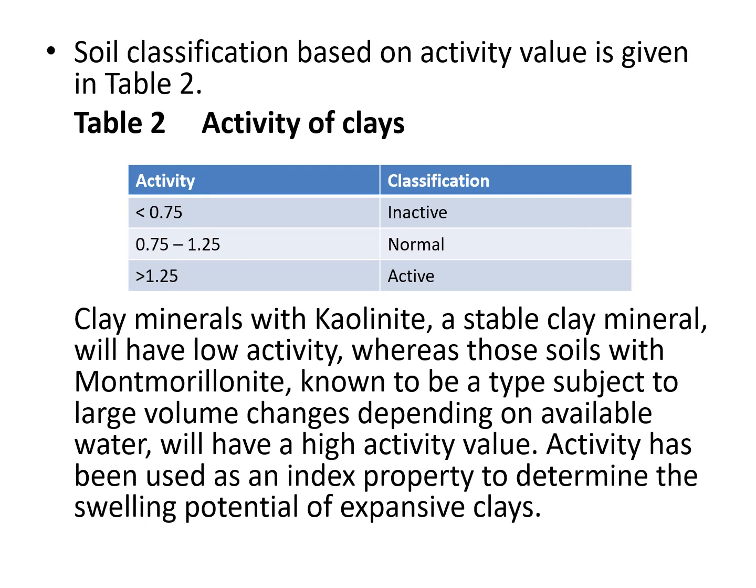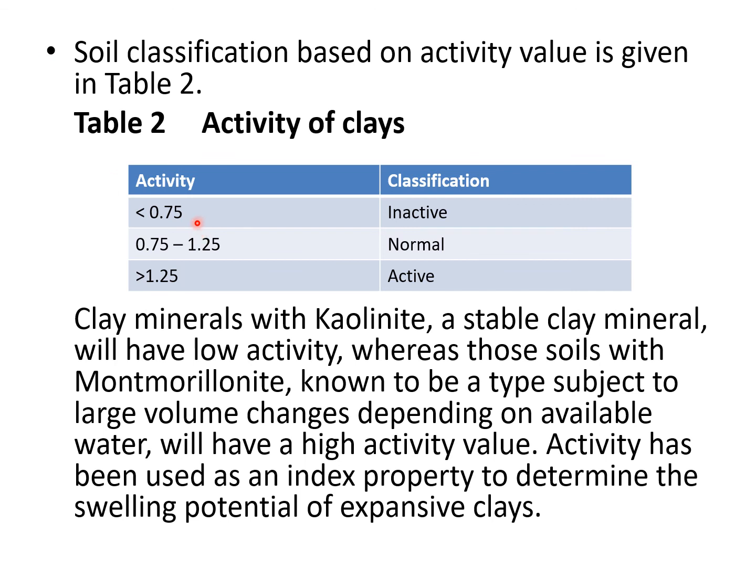Well, in this last slide, a table is given, and clays can be classified on the basis of activity. We have already defined the activity on the previous slide. Soil classification based on activity value is given in this table.